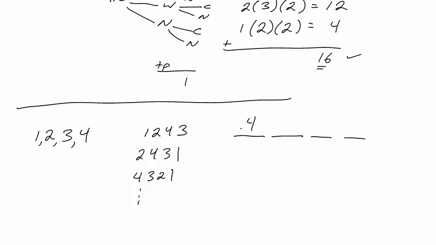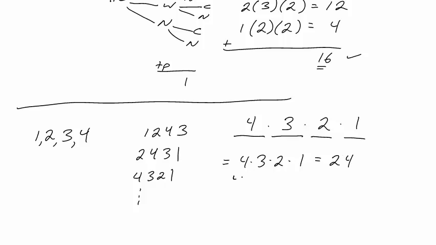And then for the next one, I've already used up one of my numbers, so I have 3 choices there, and then 2 choices for the next, and then finally at the end there's only 1 choice for what goes there. And so the total number of permutations is going to be equal to 4 times 3 times 2 times 1, which is equal to 24.